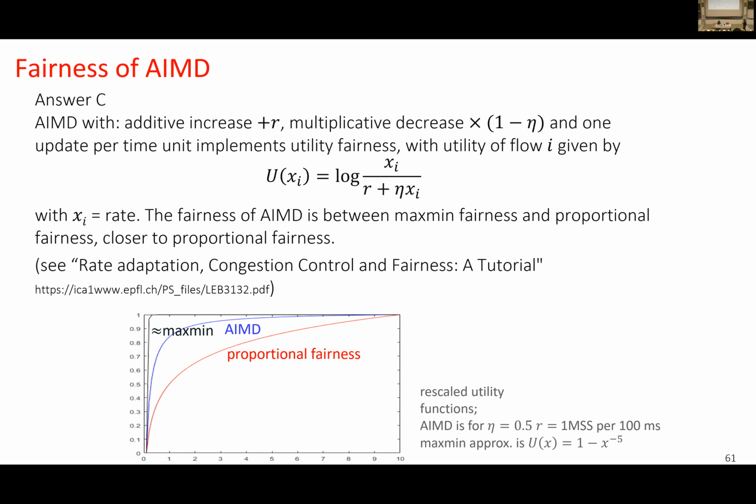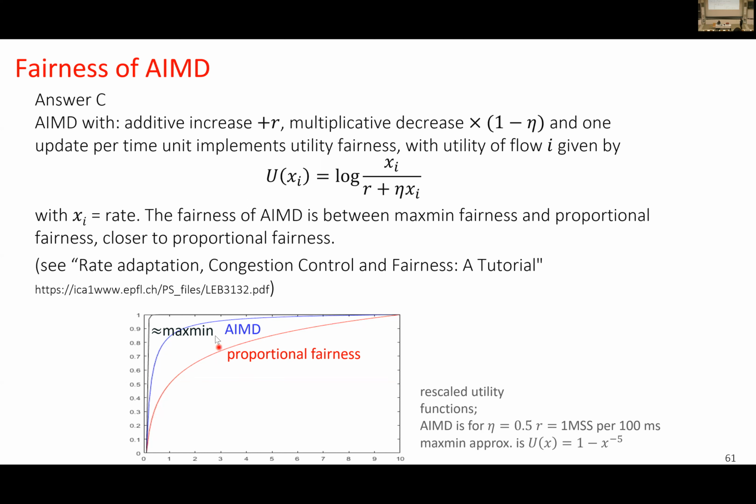Not exactly, but it's a utility function, and the utility is concave here, so it will have this diminishing returns effect. So it should behave qualitatively similarly to proportional fairness. And if we want to be more accurate, we'll see that the deviation from proportional fairness is more towards this limiting case that we have seen.